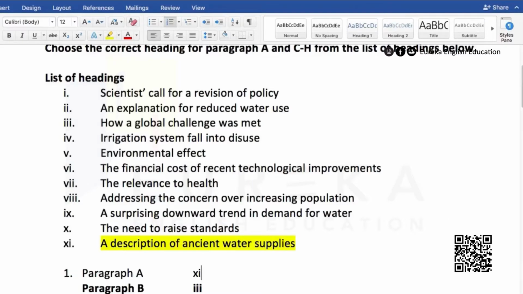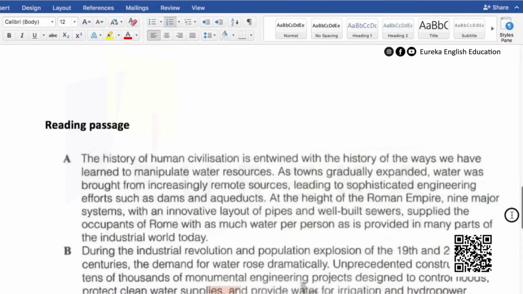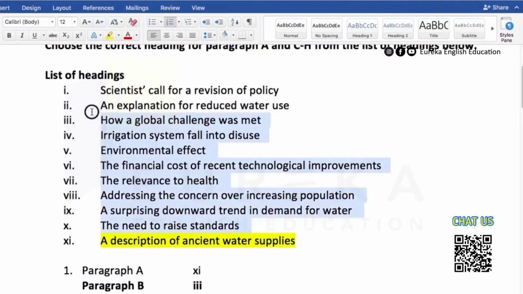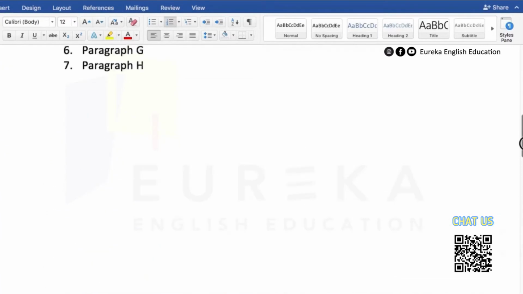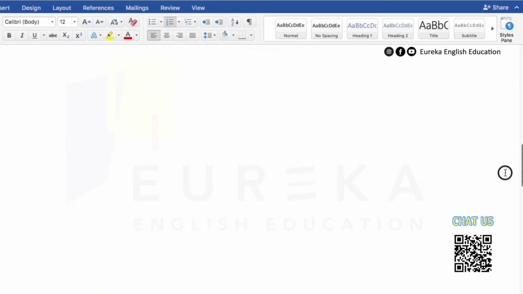You can always go back to paragraph A. Since the other headings are not really related to what we just read and understood about paragraph A, if you want to make sure that this is the answer, you can go back to the paragraph and check whether it is related to the description of ancient water supply.